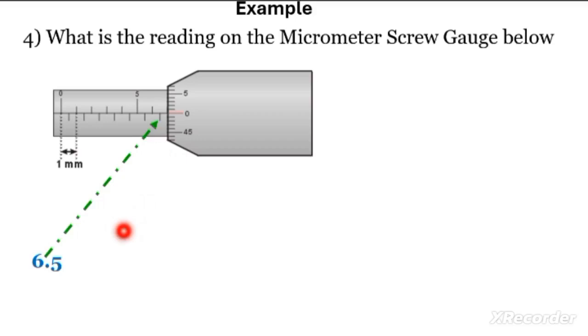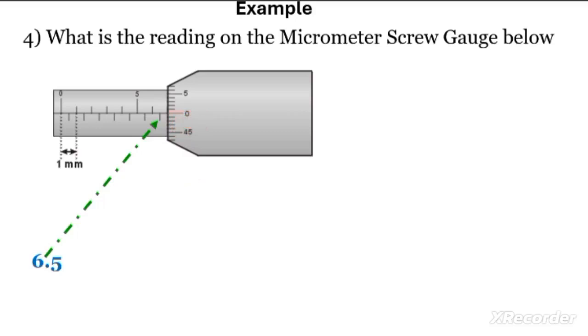Let us also locate the mark on the thimble scale or the mark on the circular scale. So the mark that is coinciding or the mark that aligns with the horizontal line from the main scale is this one, 0. So as we can see, we have a 0 mark here.